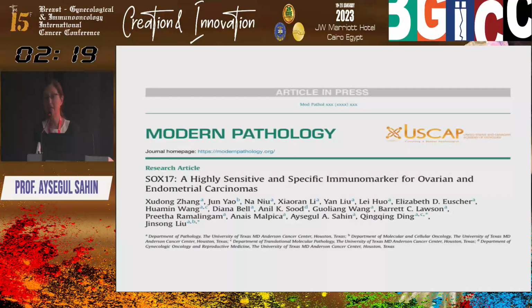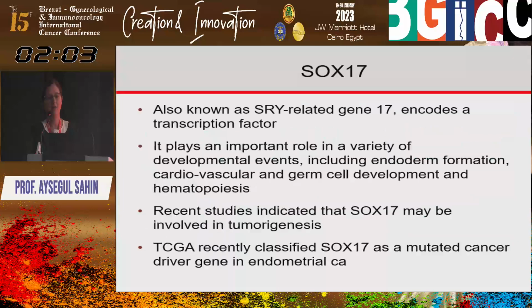The other marker that I would like to mention, and this is the first public presentation of this marker, we're going to present at the upcoming USCAP. Our manuscript is just submitted and accepted, so I don't have the publication number yet, but it is going to be in Human Pathology. It is SOX17. It is one of the SRY-related genes, and it's a transcription factor.